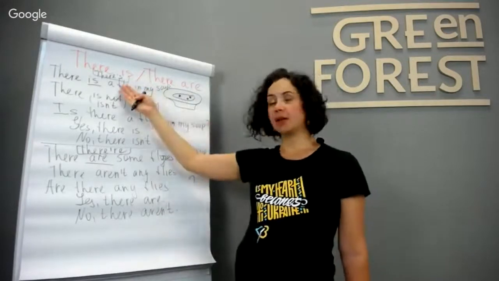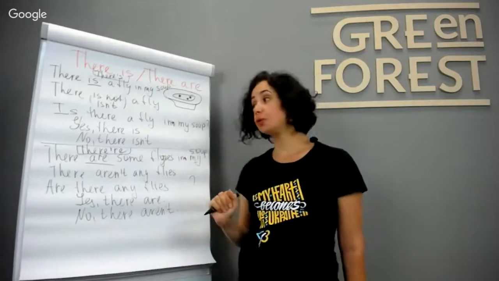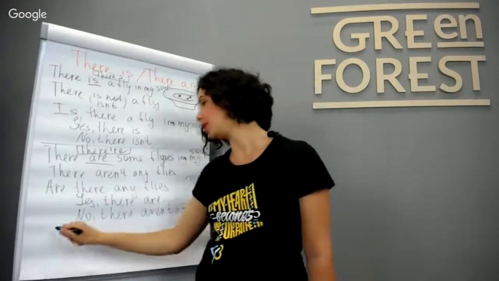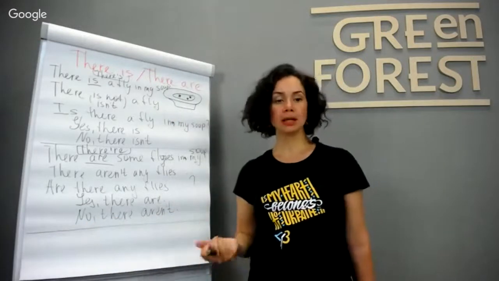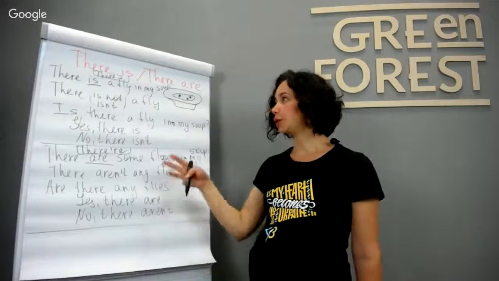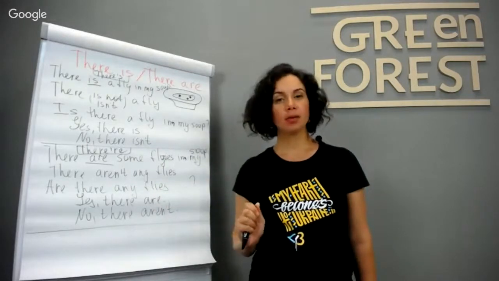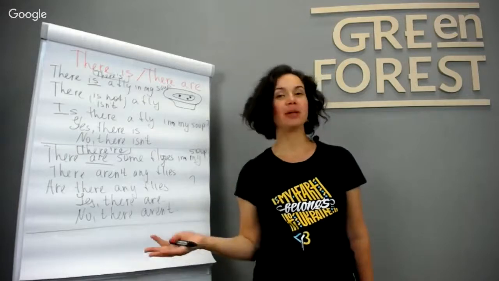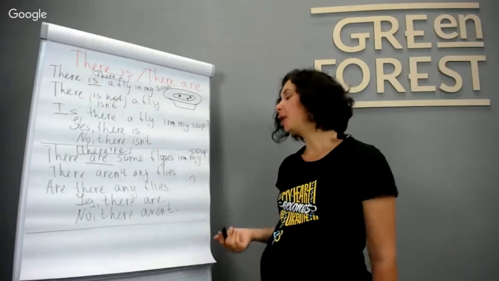We have here countable singular, countable plural. But what to do if we have an uncountable noun? For example, we have water. Water is an uncountable noun. What to use, are or is? Very simple answer. For uncountable nouns, as we cannot count them and we cannot create plural form, for sure we use "is".